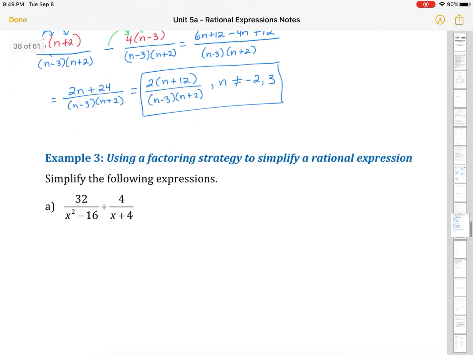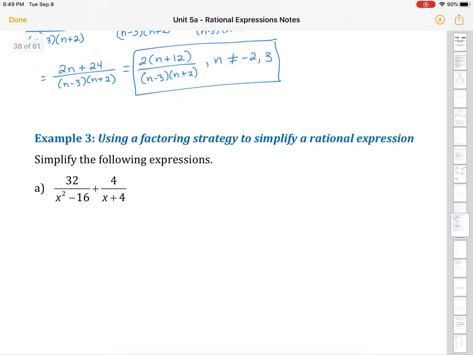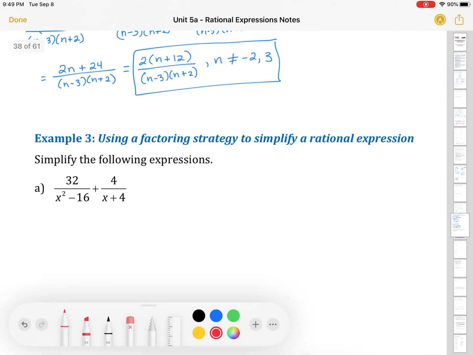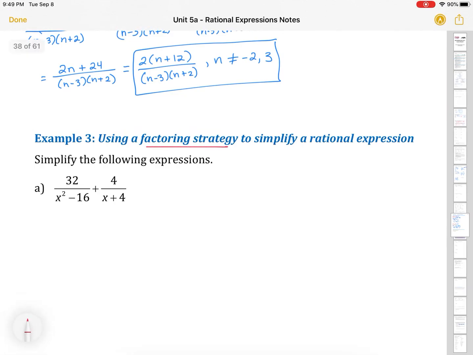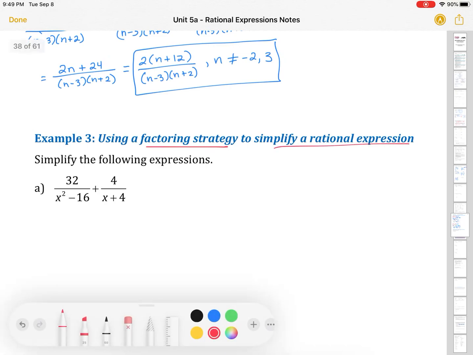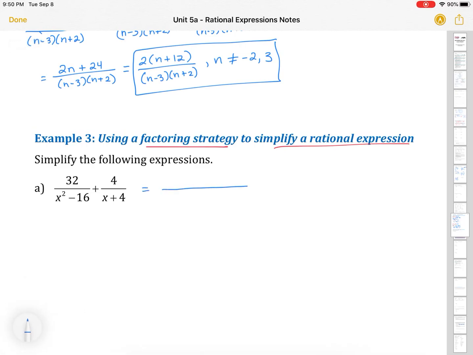All right. Now, sometimes they're going to get more complicated. So we can use our factoring strategies. We did all that. We did a little bit of factoring review to simplify our rational expressions. So looking at this, I'm going to rewrite them. But looking at my denominator there, this can be factored.